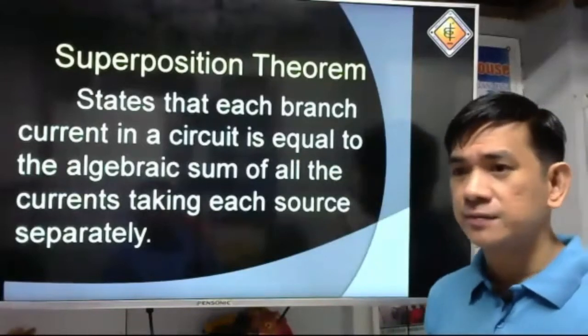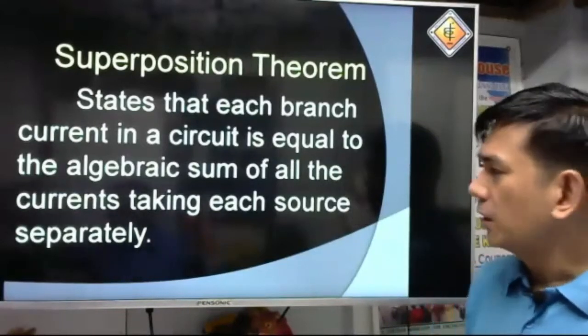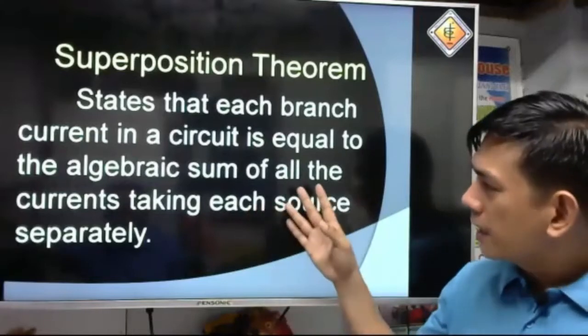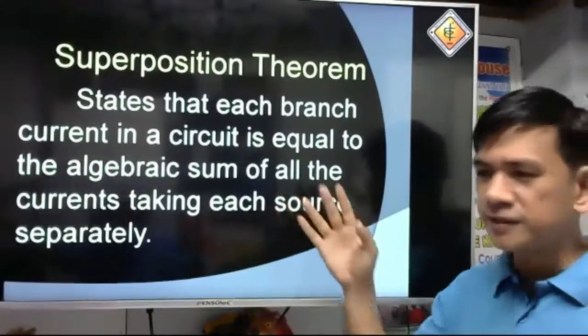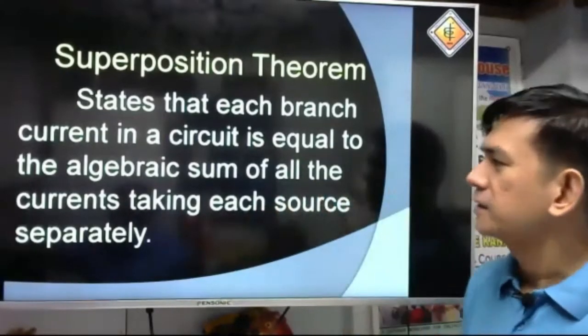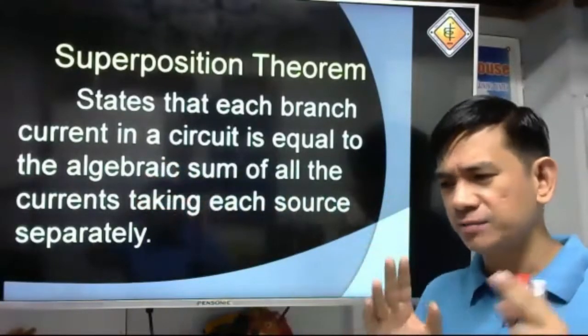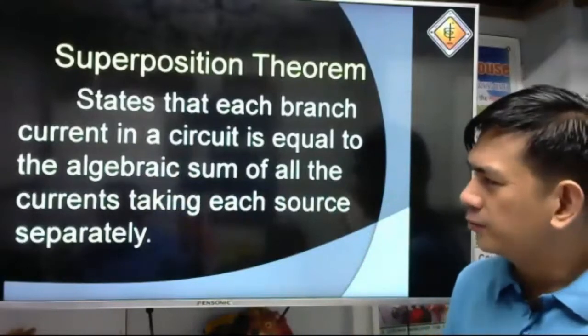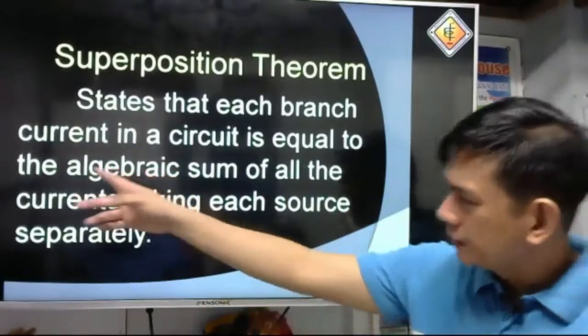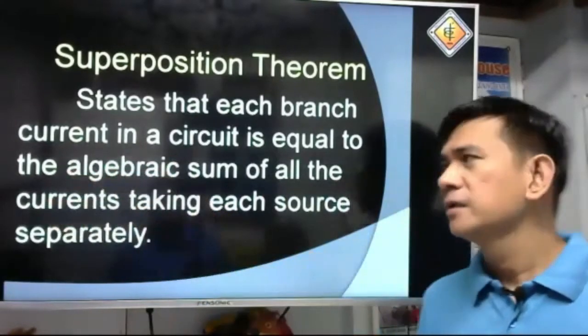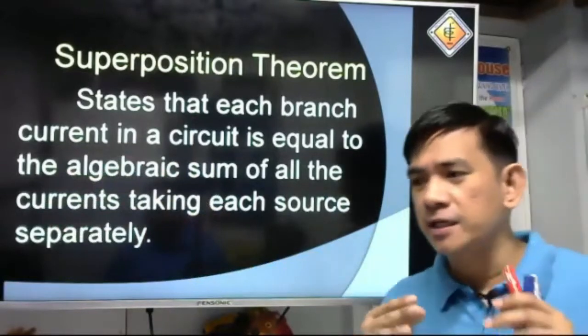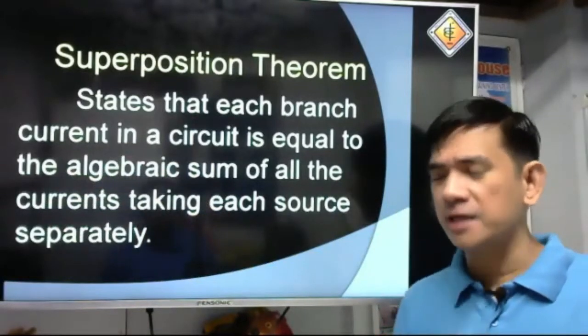Yung kuryente sa bawat sirkito natin is equal to the algebraic sum. What do we mean by algebraic sum? If we hear the word algebraic, it means we have to consider the sign, or the polarity.